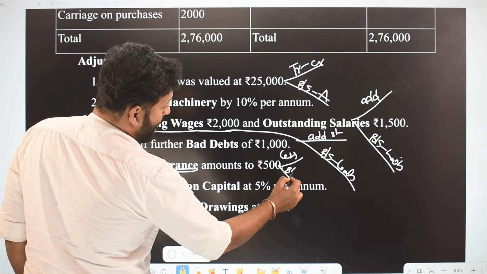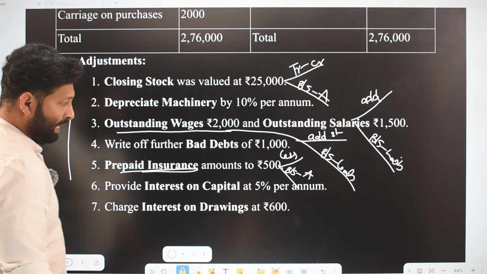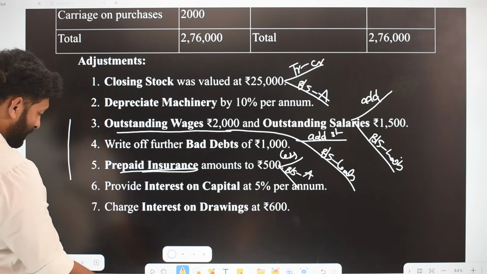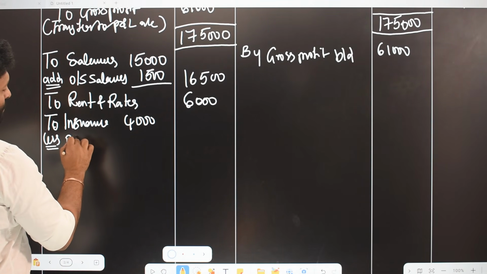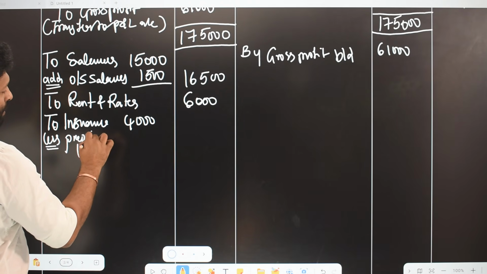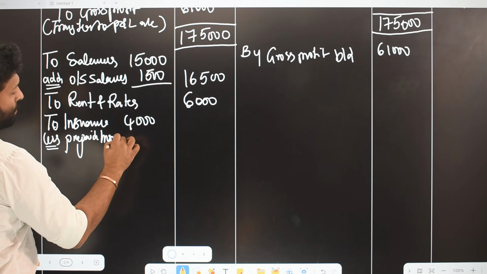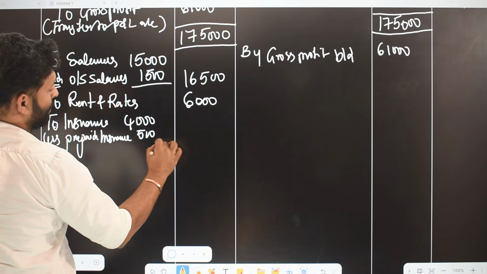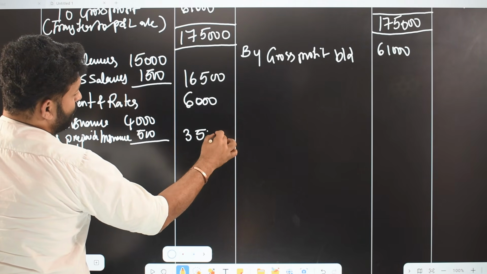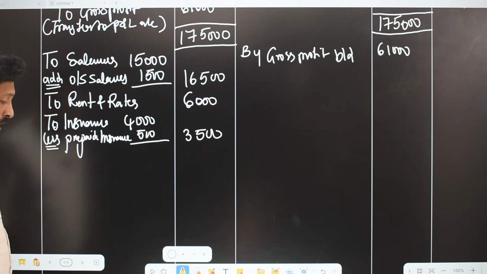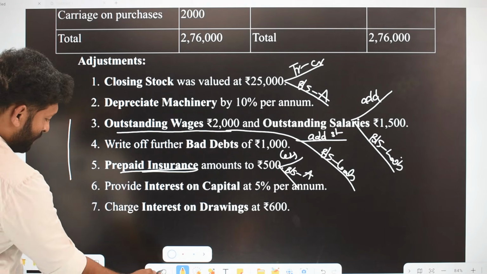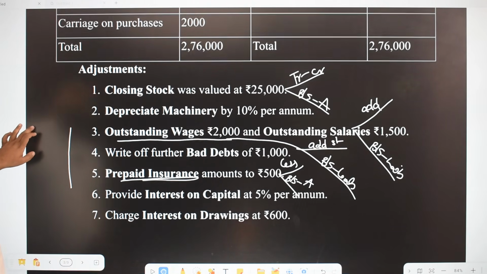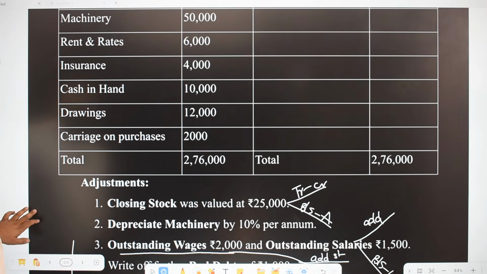Second time balance sheet asset side. Clear? So less prepaid insurance, it is 500. So write the 3,500 in the amount column. Now check for the other operating expenses or any other selling and distribution expenses or any other financial losses.